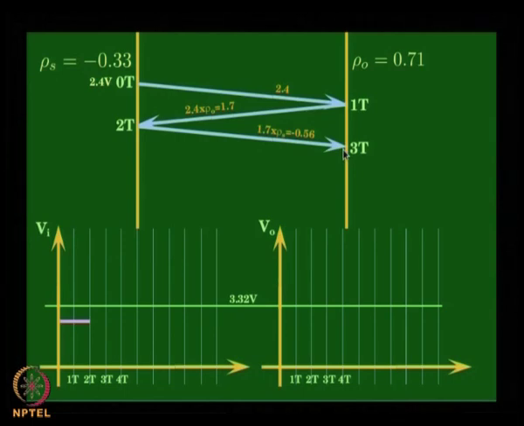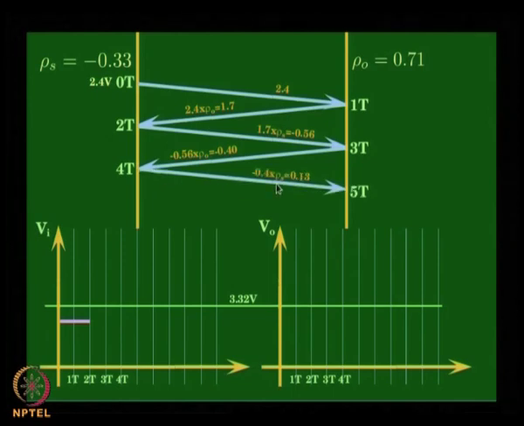Now, at this point again it gets reflected because of this reflection coefficient, and it gets multiplied, minus 0.56 into rho naught, which gives minus 0.4, and then this further gets reflected here, minus 0.4 into rho s gives 0.13 and reaches here at 5 t, and so on.